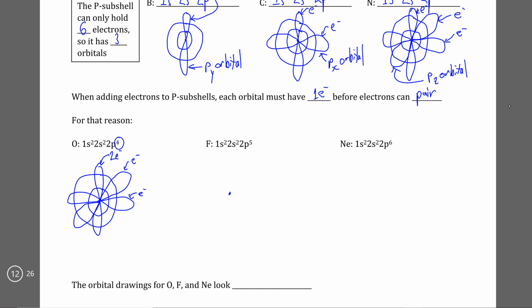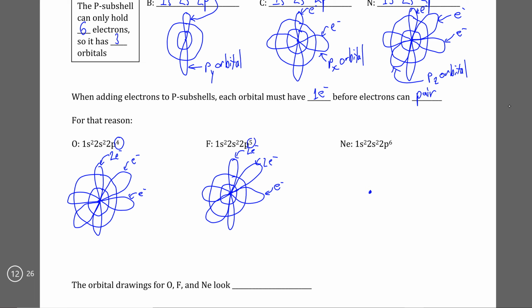If we do the same thing with fluorine, 1s, 2s, 2py, 2px, and 2pz, again, the only difference now is that even though one of fluorine's p orbitals only has one electron in it, two of them now have two electrons. 2 plus 2 plus 1 is 5.